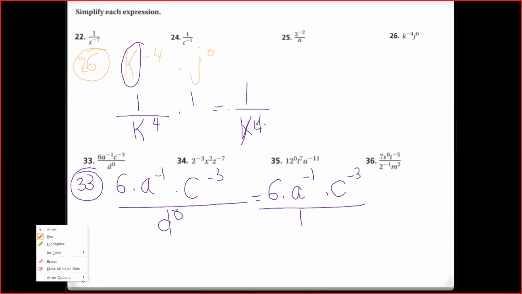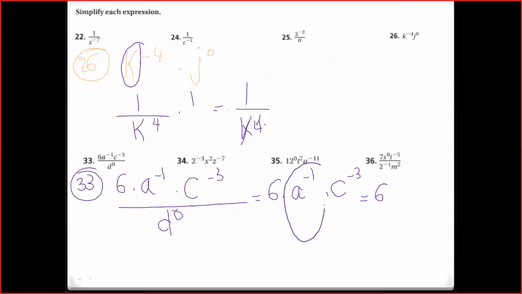Now, if you write it as over 1, you can clear the 1. Then, it is 6 a to the power negative 1.